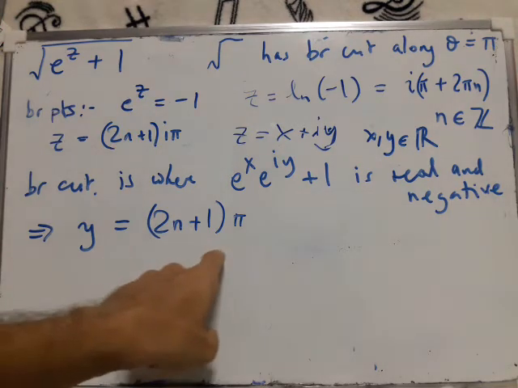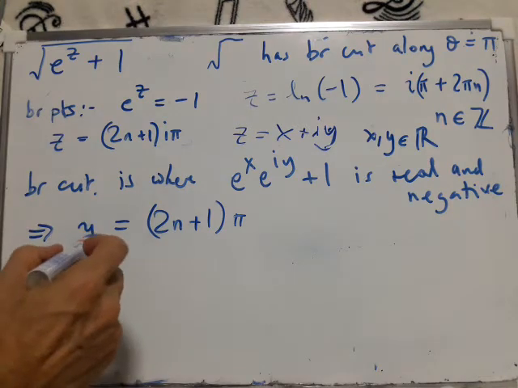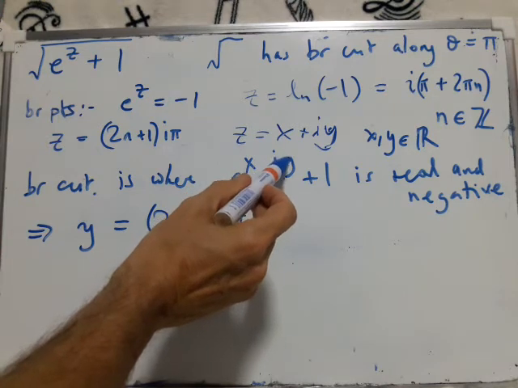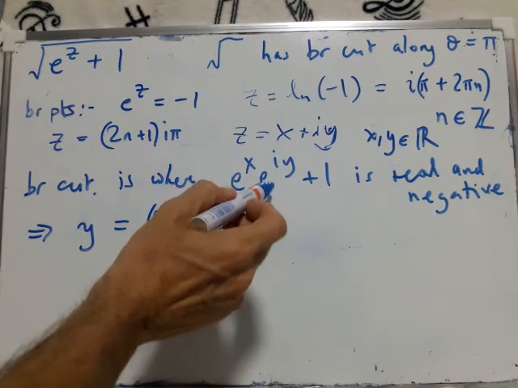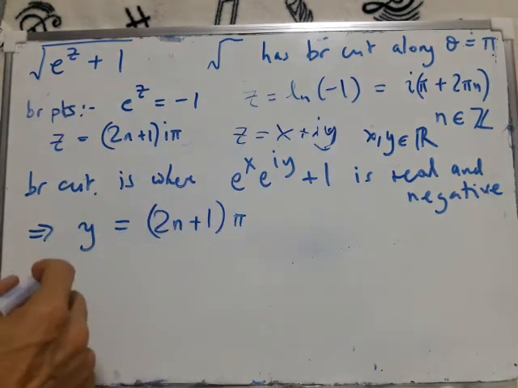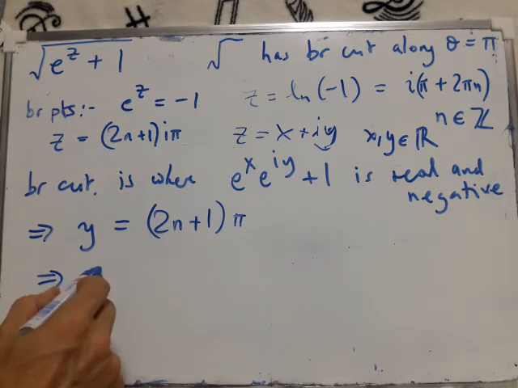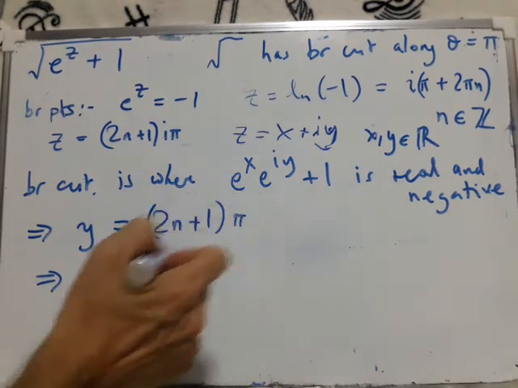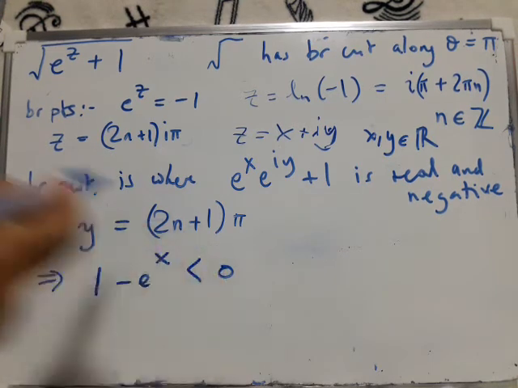When this happens, if y is equal to this, then we have e to the i pi, or e to the 3i pi, and so on. These are all equal to -1. So now we need 1 minus e to the x, with a minus sign here, to be negative, so it needs to be less than 0.